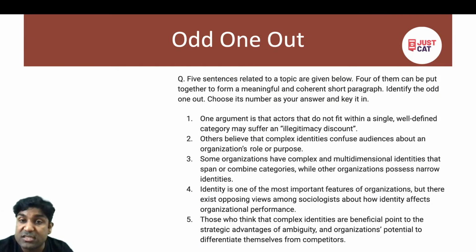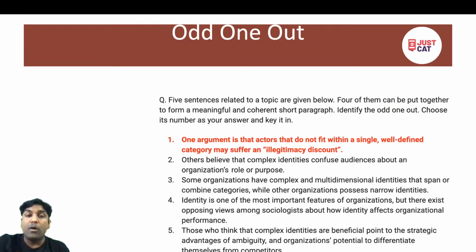But there are some other views among sociologists about how identity affects organizational performance. 5 says those who think that complex identities are beneficial point to the strategic advantages of ambiguity and organizations' potential to differentiate themselves from competitors. So we know that the entire paragraph from the 2nd line to the 5th line is talking about complex identities which many organizations have. It is not talking about actors or factors being misfits.